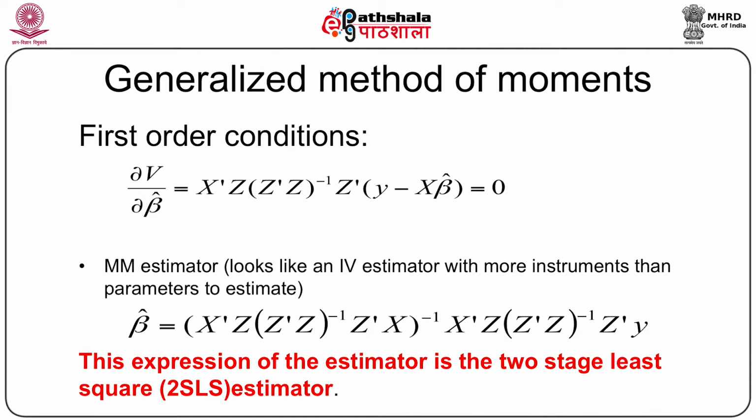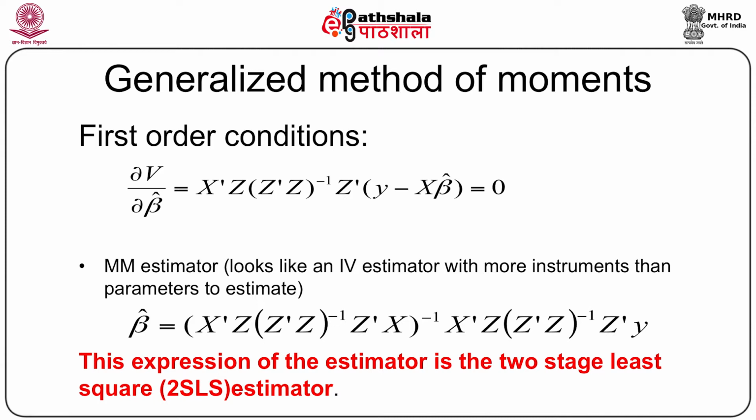In other words, you can see that the instrumental variable estimator is also a special case of the generalized method of moments. That is why in the beginning we noted that all the possible types of estimators used in this context can be clubbed under the generalized method of moments estimator.